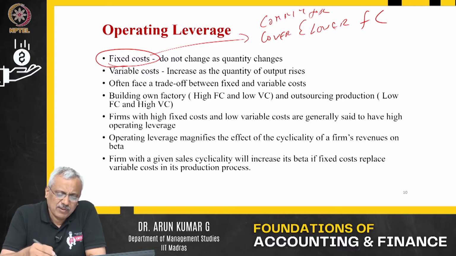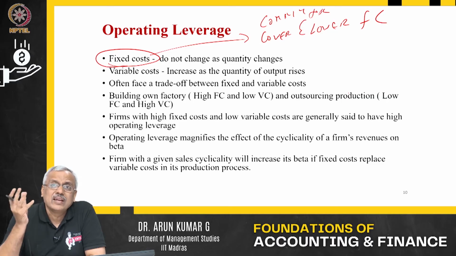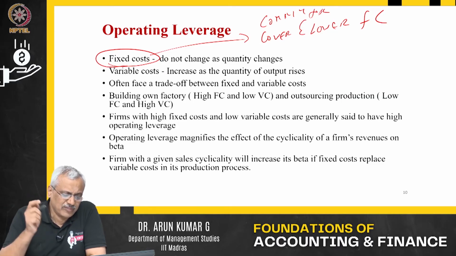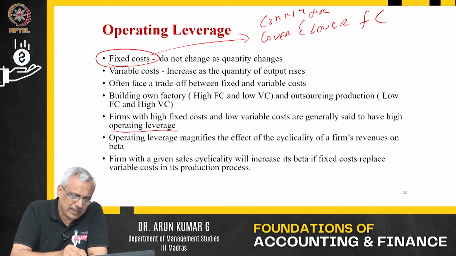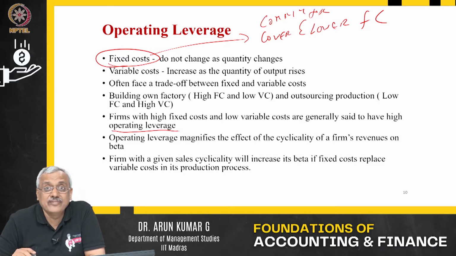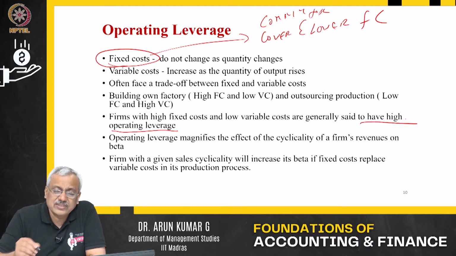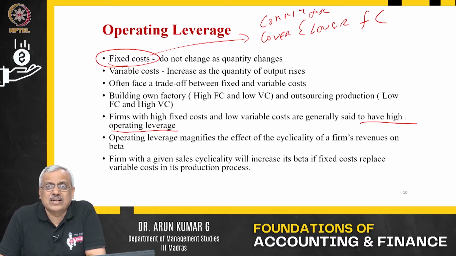For example, building your own factory versus outsourcing production can all have what you call lower fixed costs. A firm with high fixed costs and low variable costs is generally said to have high operating leverage. Sorry, a firm with high fixed costs and low variable costs will have high leverage, because too much fixed cost means too much commitment to be made.